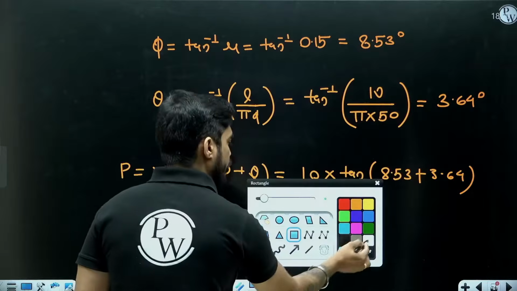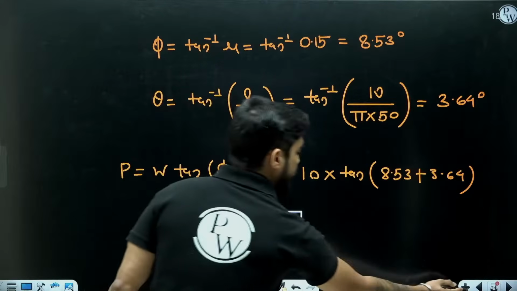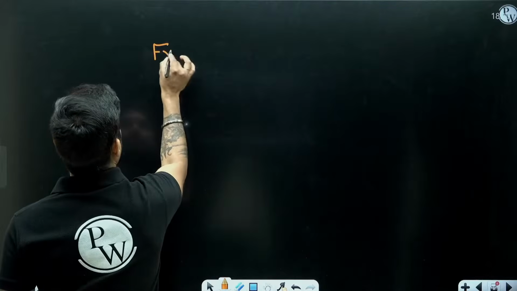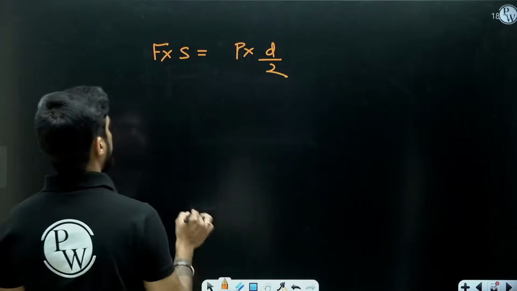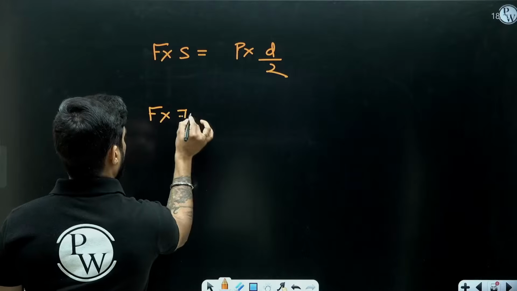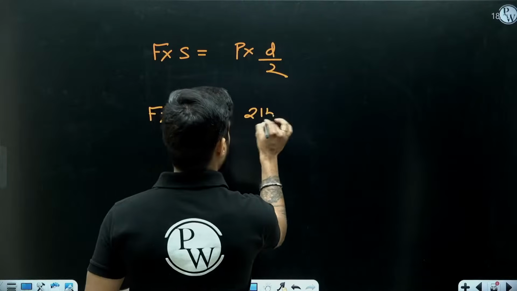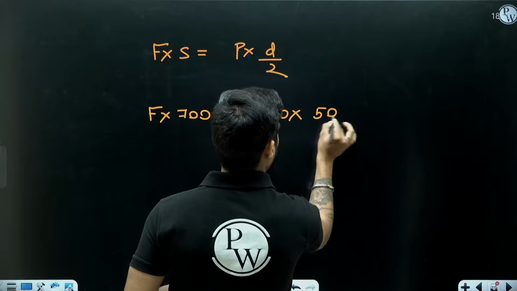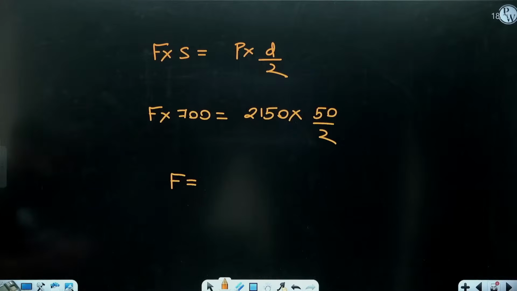But we need the force required at the end of the lever. So it will be like this: force into length of lever equal to this force into radius. So how much is this force? 2.15 kilonewton, na? So 2150. So from here you will get the value of F.